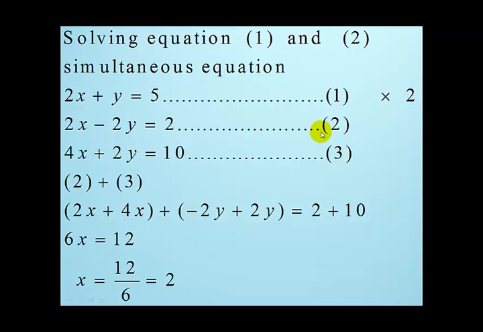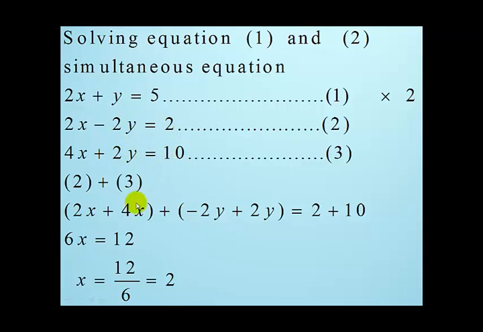Now we are going to solve equation 2 and equation 3. We can see that the signs are opposite, and the coefficients are the same, 2. So we can now add the two equations together. We add the corresponding terms together. So 2x plus 4x minus 2y plus 2y is equal to 2 plus 10.